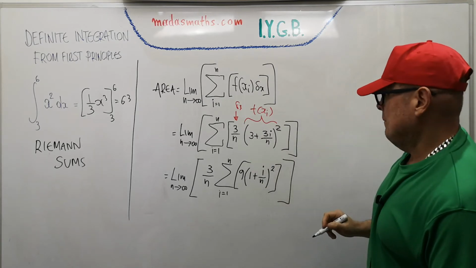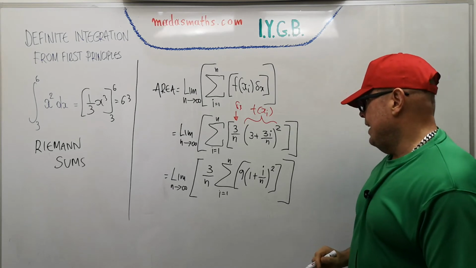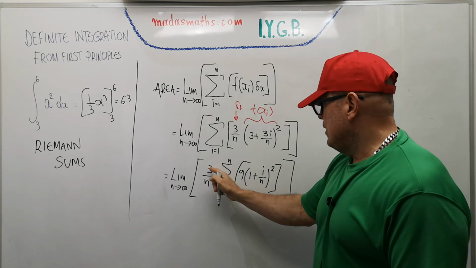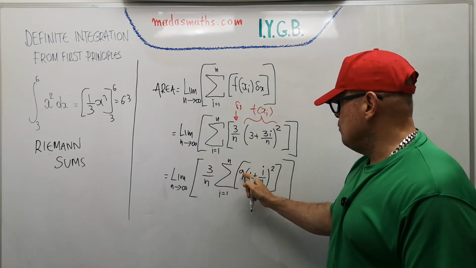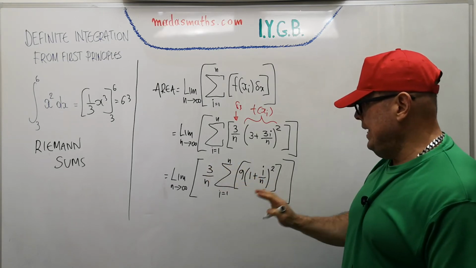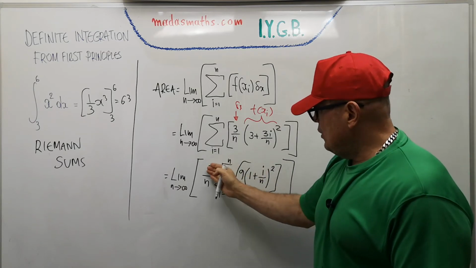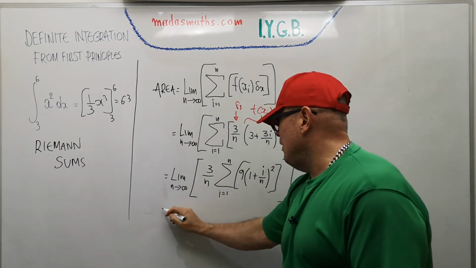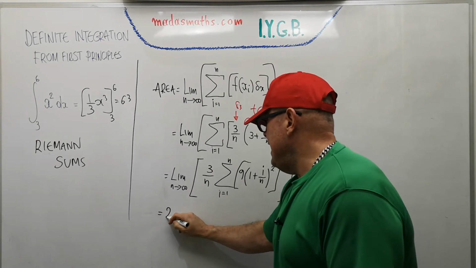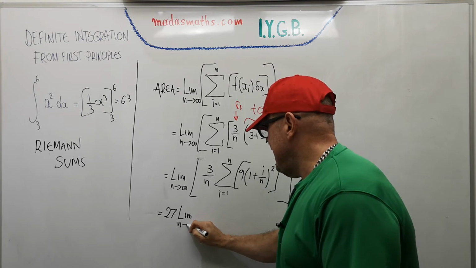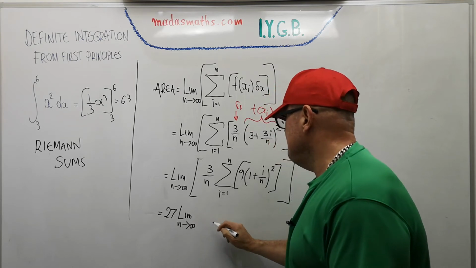Okay, can I fit one more line in there? What else can I do? I'm going to do two steps at once. I'm going to factorize a 3 times 9, which is 27, which is just a multiplicative constant. The 9 can go outside the sigma, and now the 27 can go outside the limit. So it makes the interior a little bit better. So 27 times the limit as n tends to infinity.